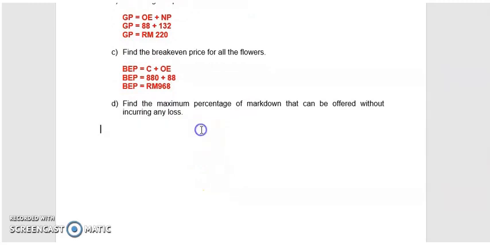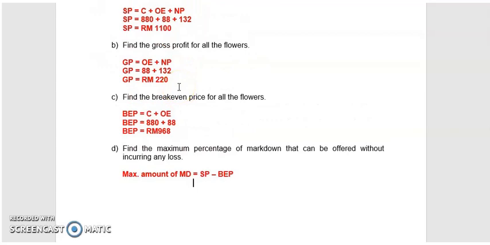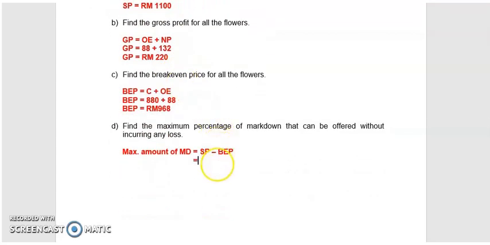Okay, last question. Find the maximum percentage of markdown that can be offered without incurring any loss. So here again in this question, we need to find maximum amount of markdown. So this one is given by the difference between selling price and the break-even price. So selling price 1,100, BEP 968.